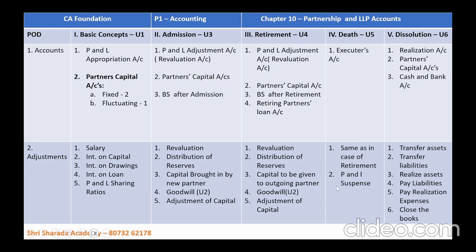For that we prepare adjustment known as a profit and loss suspense. We normally prepare executor's account in case of death and we compute whatever the amount due to the executor of the deceased partner. Last one is called dissolution.